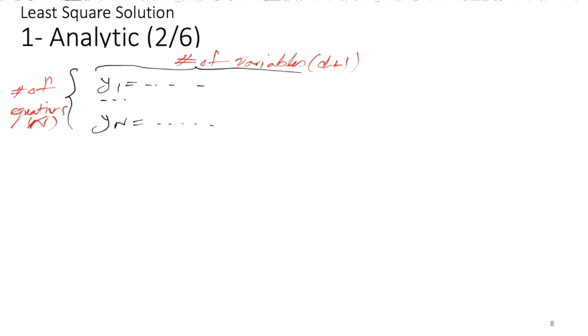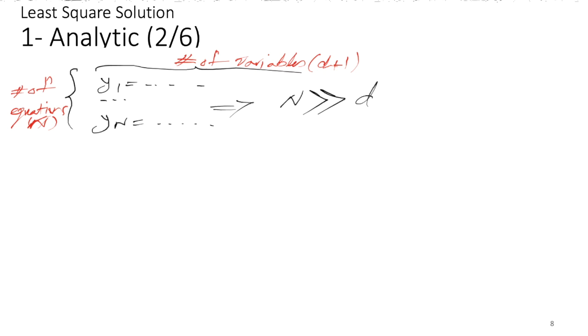Normally, in machine learning, since we have many rows and fewer columns, n is much bigger than d, right? So if you draw this matrix, you won't have a square matrix, right? And getting an inverse from a non-square matrix is not possible.